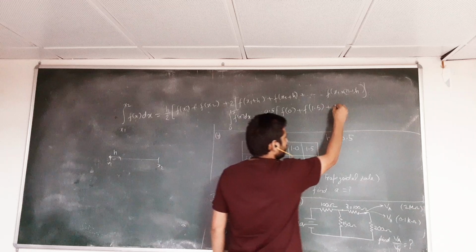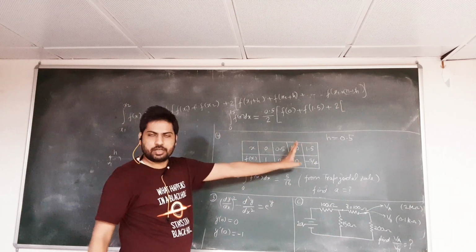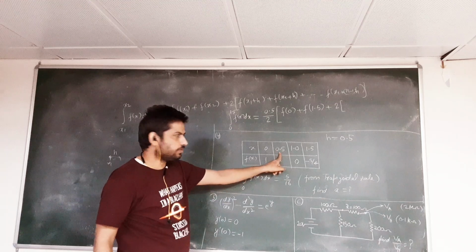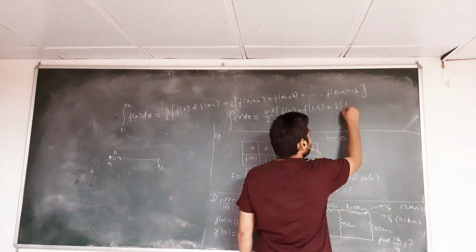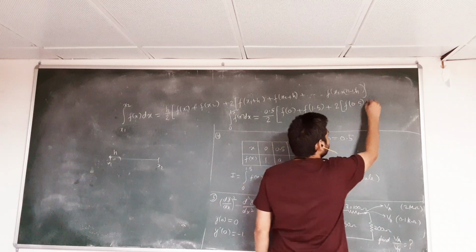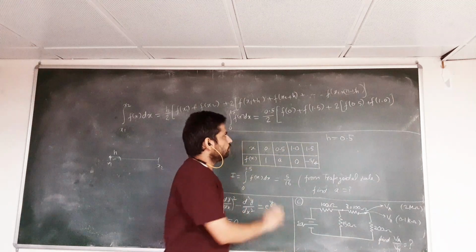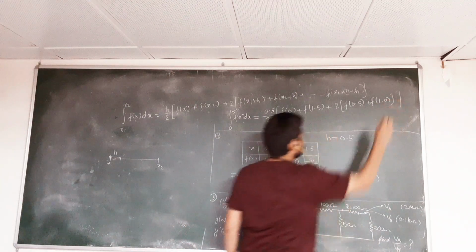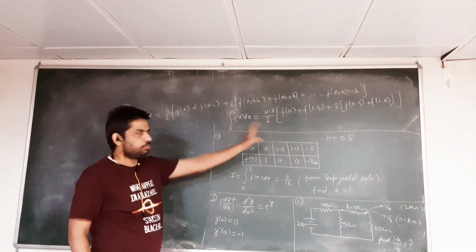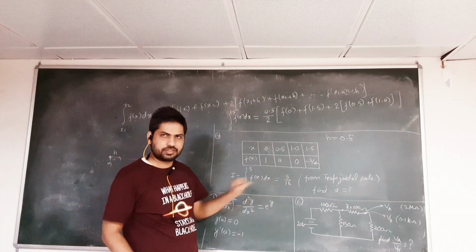Then you will have 2 times all the intermediate values, that is f of 0.5 and f of 1. These are the only points that we have. Now we can put in the respective values, and this integration value is given as 5 by 16.